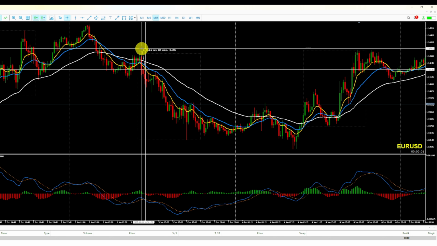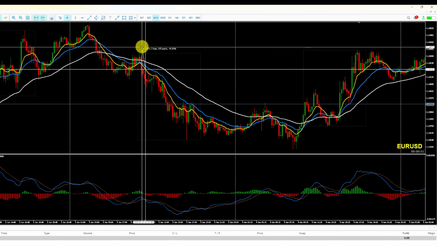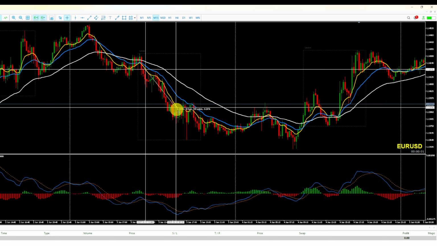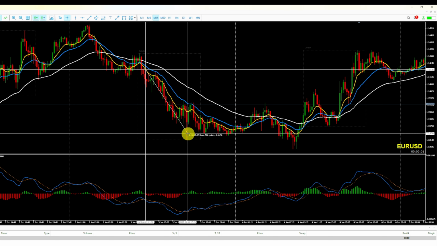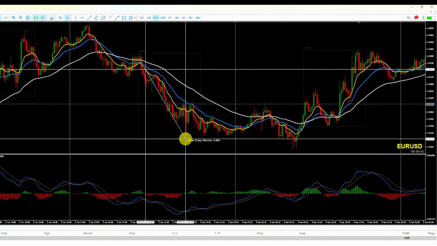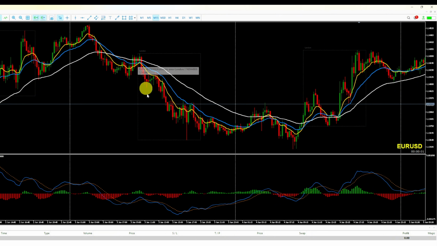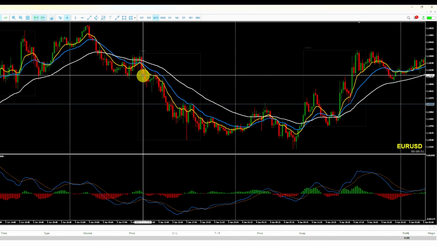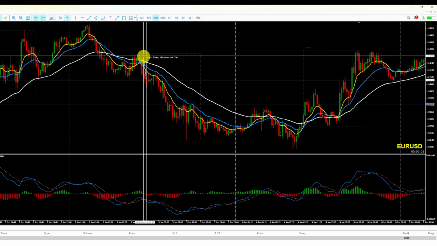Stop loss, we're looking at probably about 15 to 20 pips, and the move was around 55 pips. So that would have been a positive move. If we were looking for a confirmation from the MACD, we would have had it on this candle.